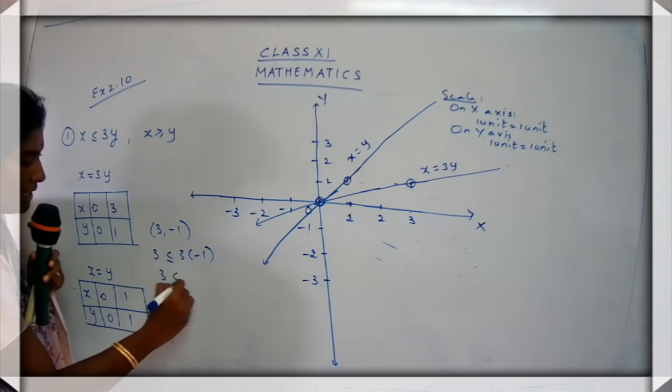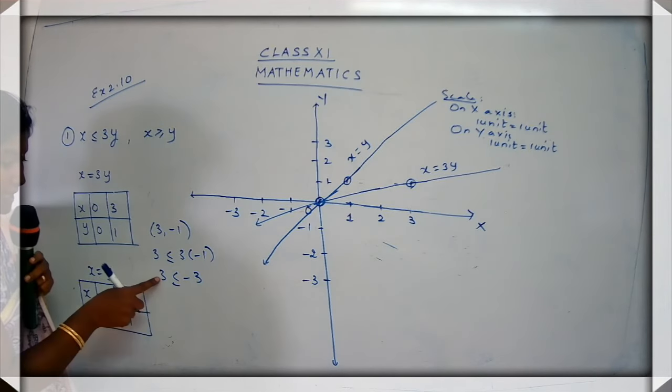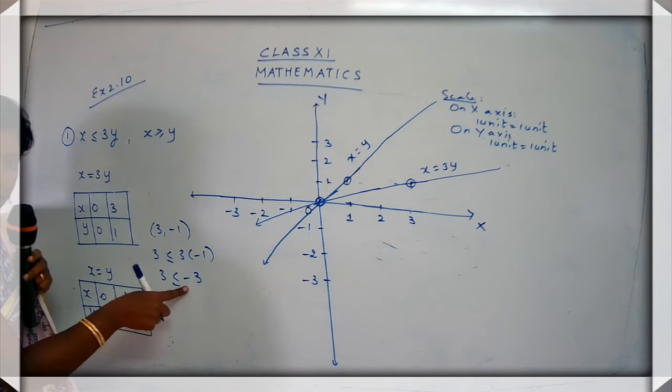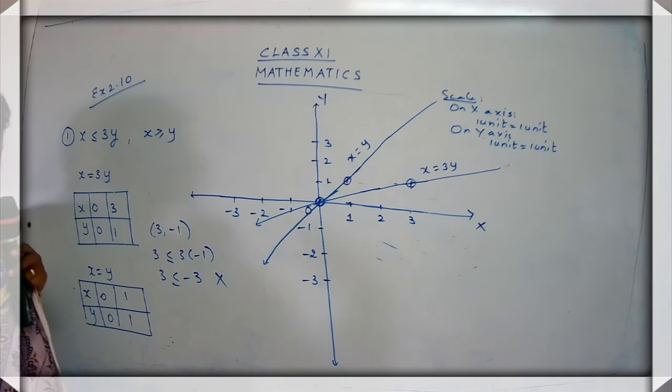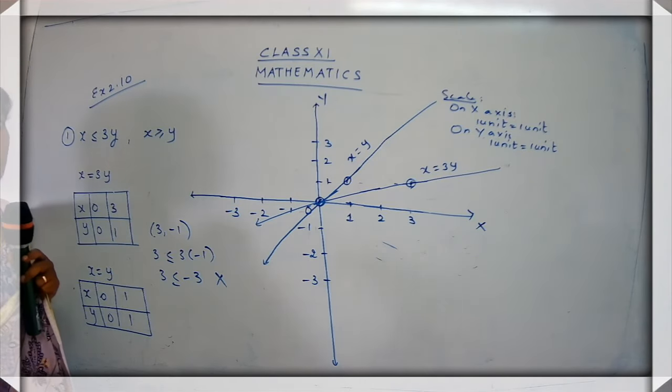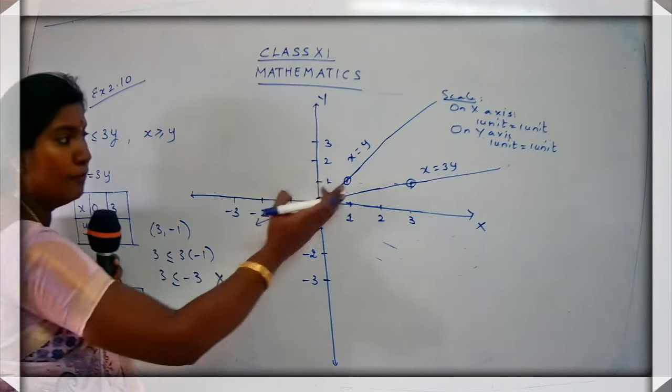So 3 less than or equal to -3. Is this condition correct? No, because 3 is greater. When you compare a positive number and a negative number, the negative number is smaller and the positive number is bigger. So we cannot choose a value below this line.